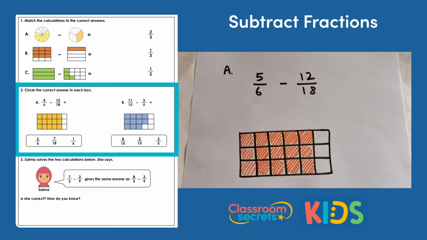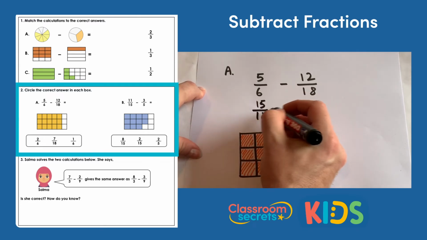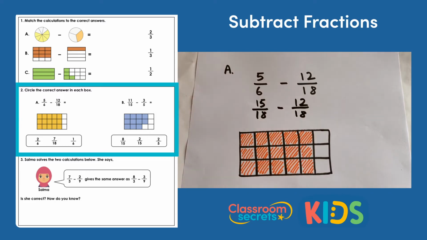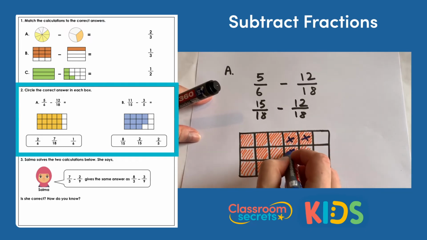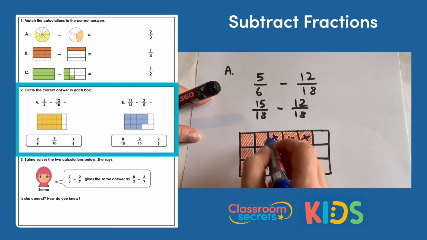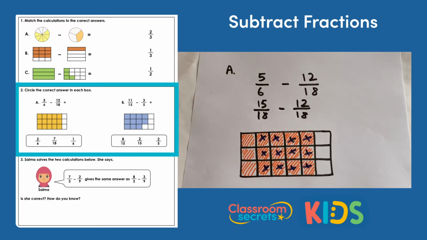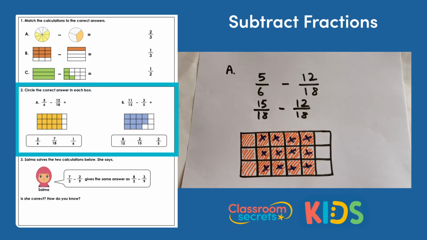So 5/6 is equivalent to 15/18ths, and we are taking 12 of those 18ths away. So if we subtract 12 of these 18ths here, 1 2 3 4 5 6 7 8 9 10 11 12, then we will have 3 of those 18ths left.